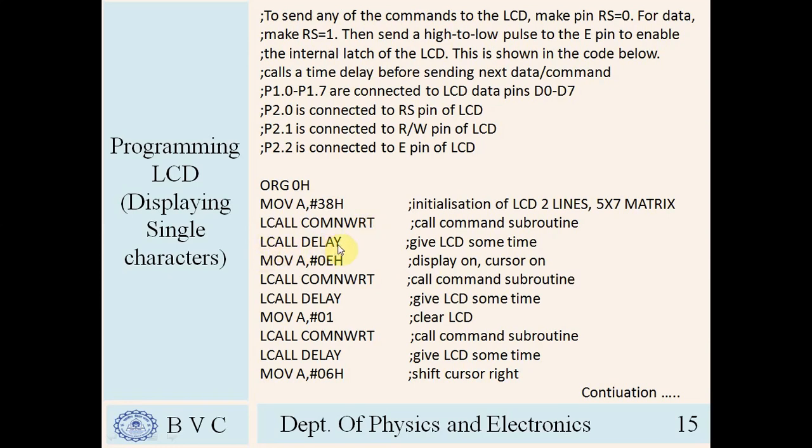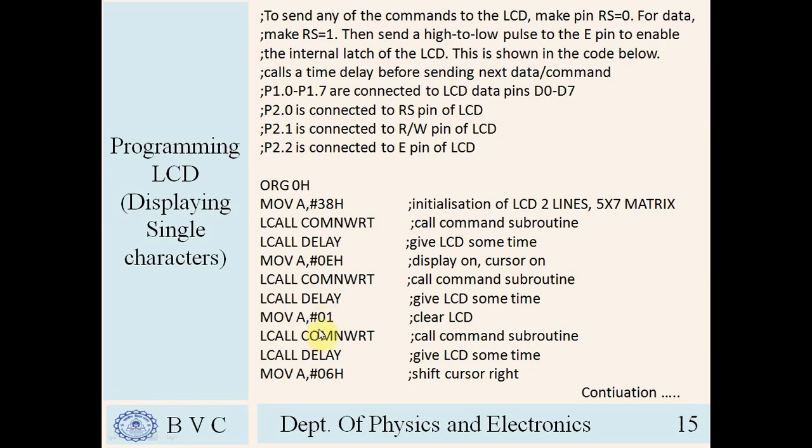The first is, as 38 is a command code, when you are giving a command code, we call the command write subroutine, and after this subroutine we write a delay subroutine, because there should be some amount of time given to the LCD to switch from one command to another, to take one command after the previous command.